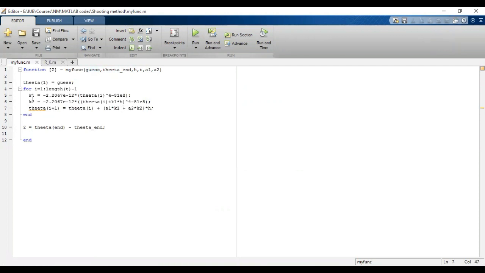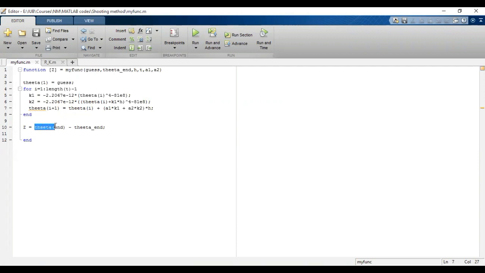Okay, these are my k1 and k2, and they will be input over here, and I will evaluate theta i plus 1. For the whole span of the time, this equation will be solved, and at the end I will take the difference between the boundary value which has to be achieved and the final value of theta after solving this differential equation.